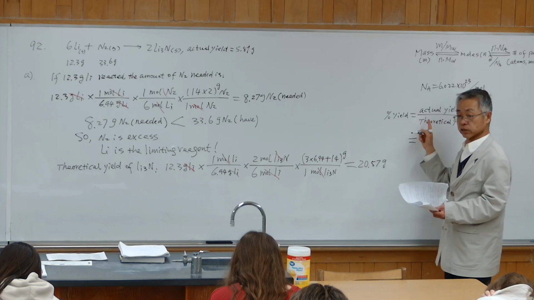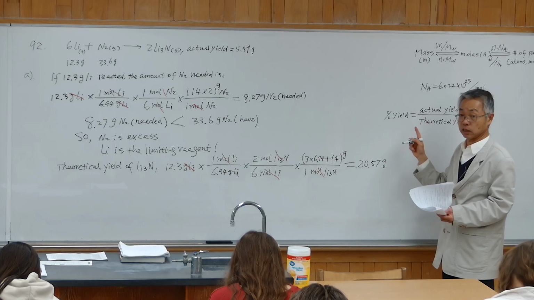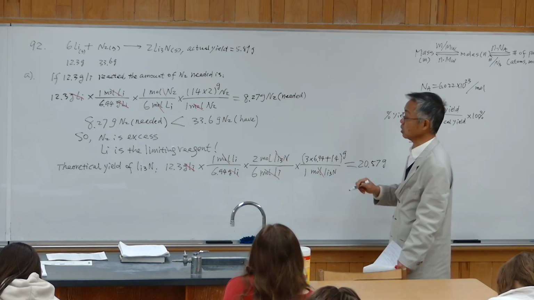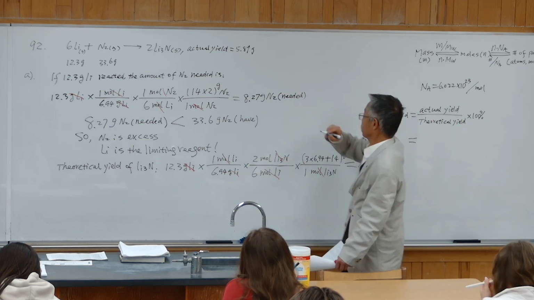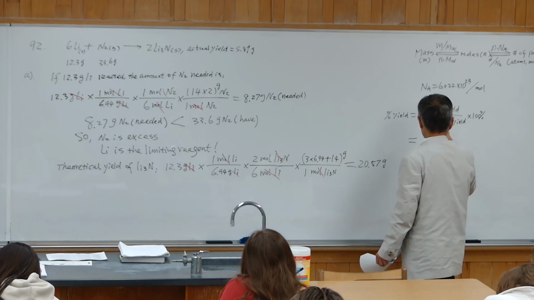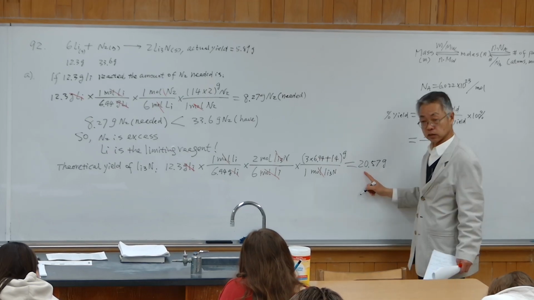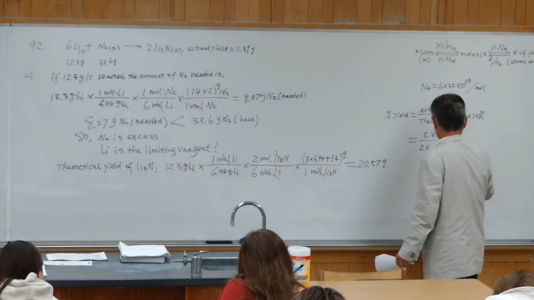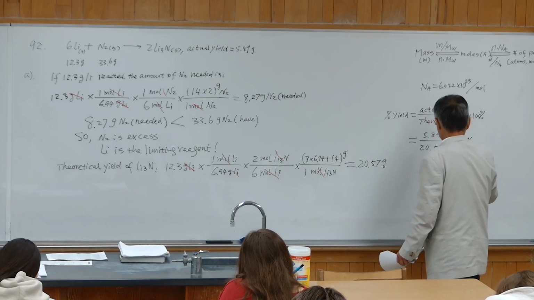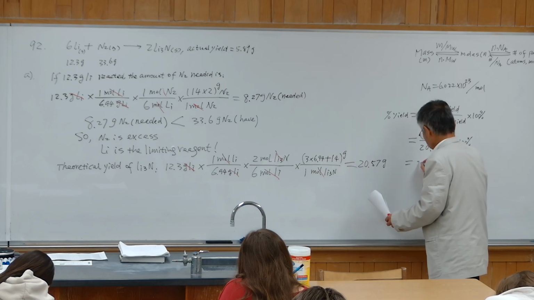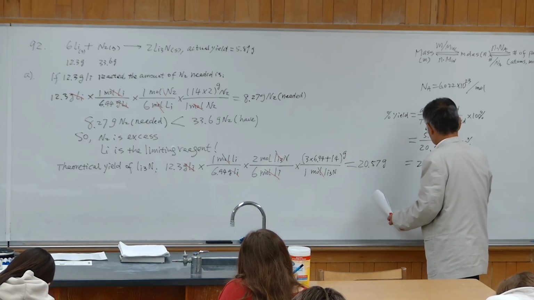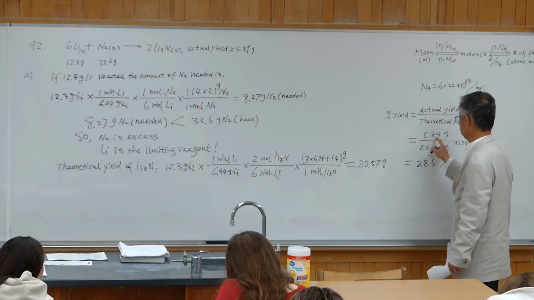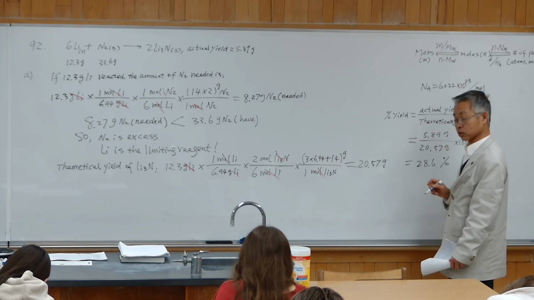Actual yield always comes from an experiment; you cannot calculate it, so don't worry, in the quiz or test it is always given. Here the actual yield is 5.89, and the theoretical yield we just calculated is 20.57. Using a calculator, the percent yield is 28.6. Because this has 3 significant figures, the answer keeps 3.